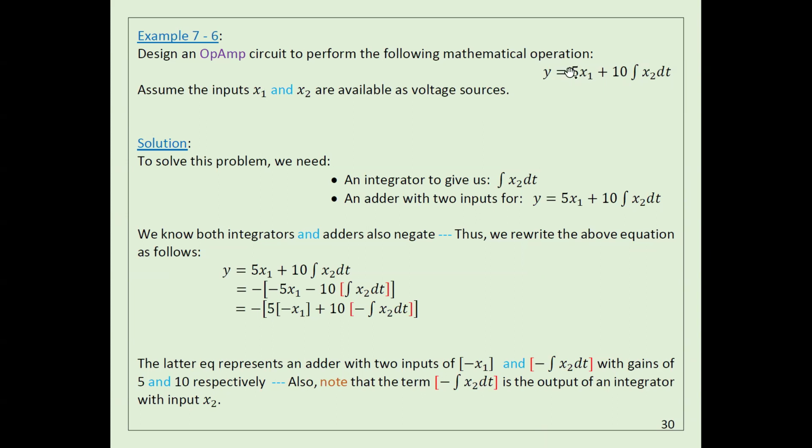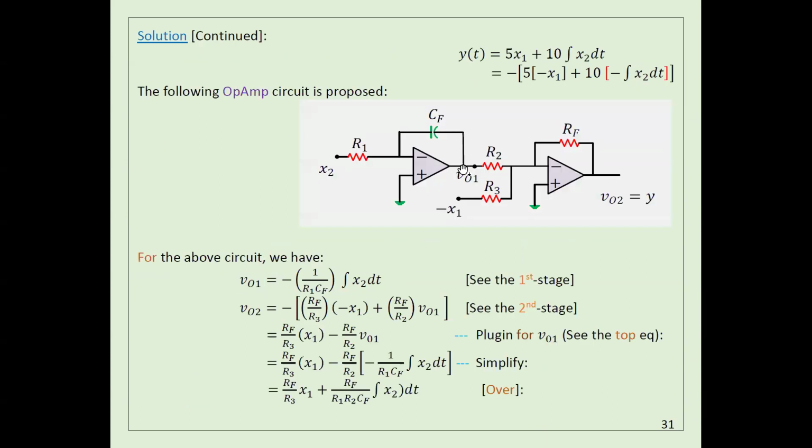Okay, but how can I come up with the number 5 here? If you look at how the adder works, you multiply by a number, so you can get it from there. If the adder does not do that, maybe I'm going to use another circuit to multiply by 5. You got what I'm saying? So the way we can do it here is a normal op-amp circuit.